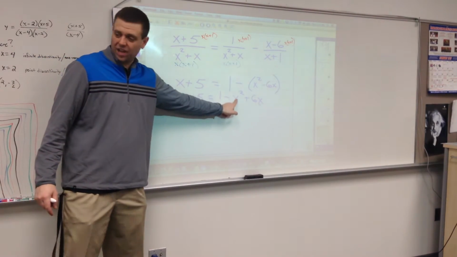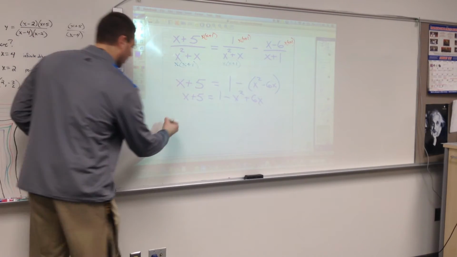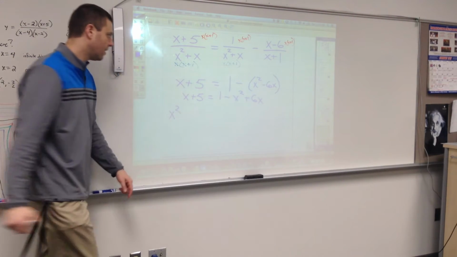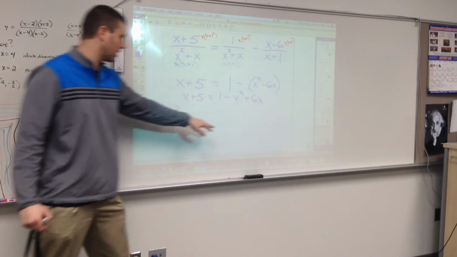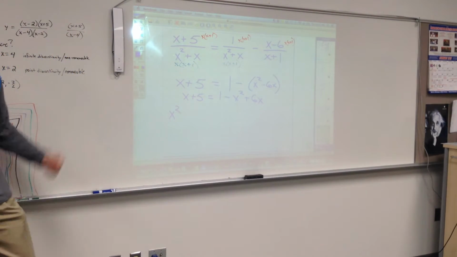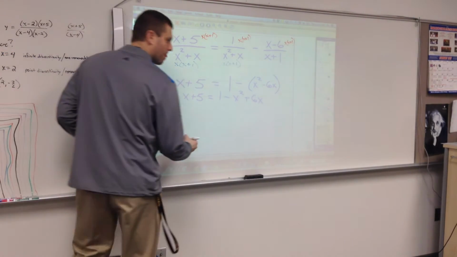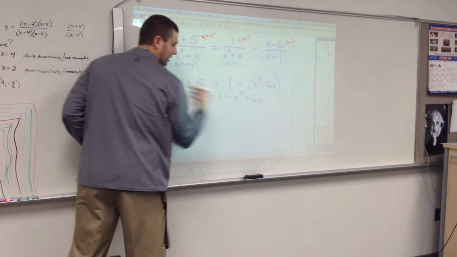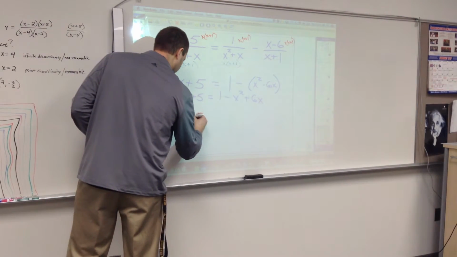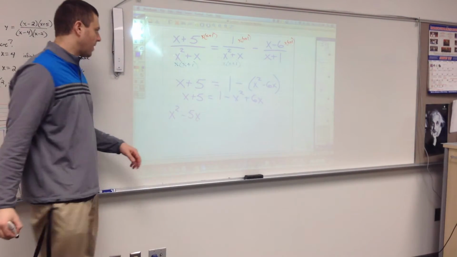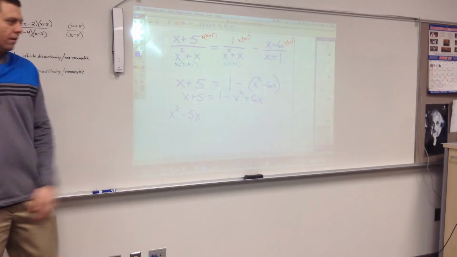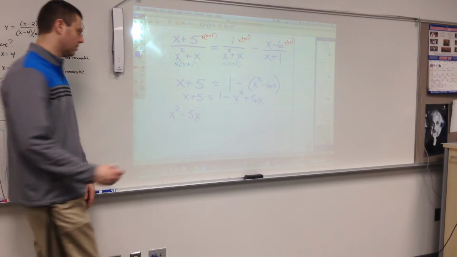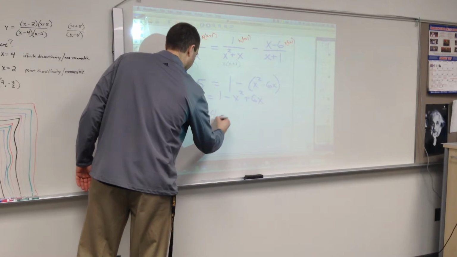I had to add x squared to both sides, so that would give me an x squared on this side. I'd have to subtract 6x from both sides, so that would give me a negative 5x on the left side, because I have x and I'd be subtracting 6x. And I also would have had to subtract that 1 from both sides, which would give me 4.